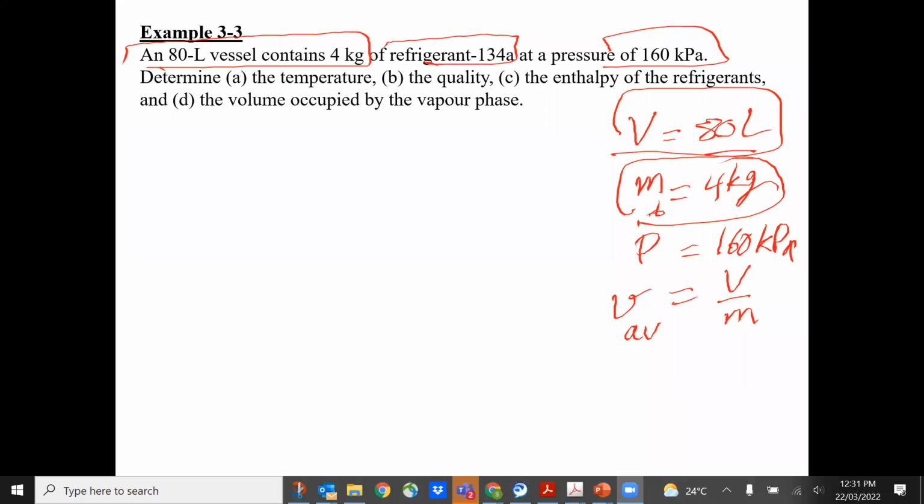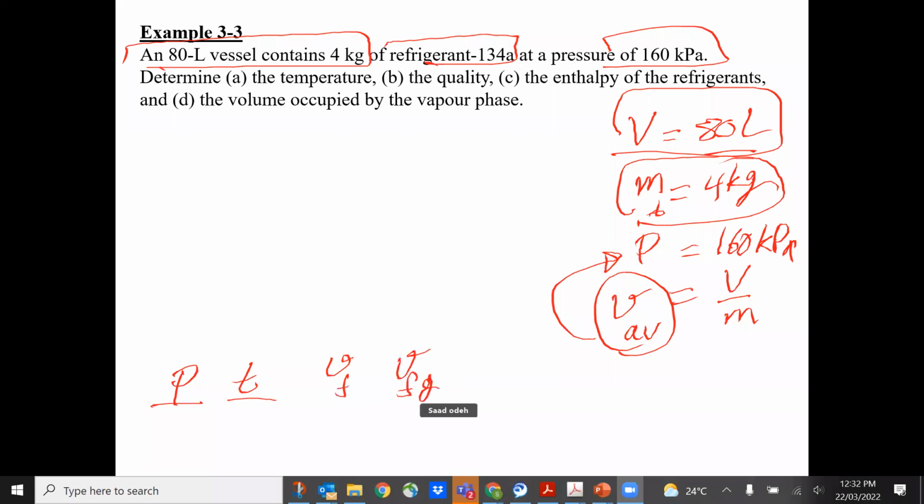And I take this average and go to the tables at this pressure. In the tables, for example, this is the P line. Next to the P line, there is a T. And then, for example, after U, there is VF, there is VFG, and there is VG.